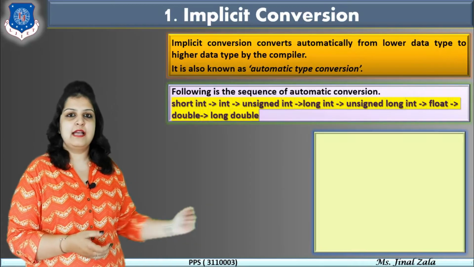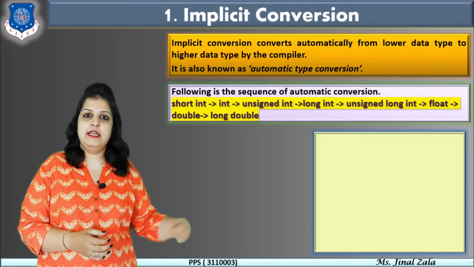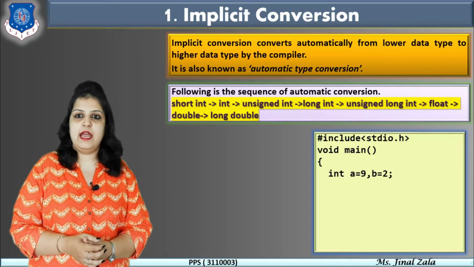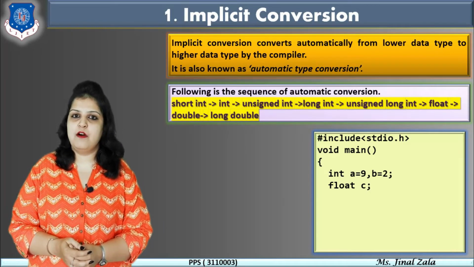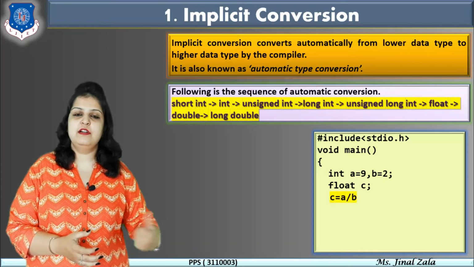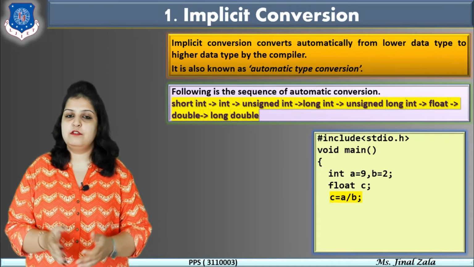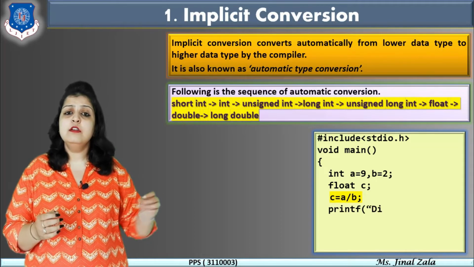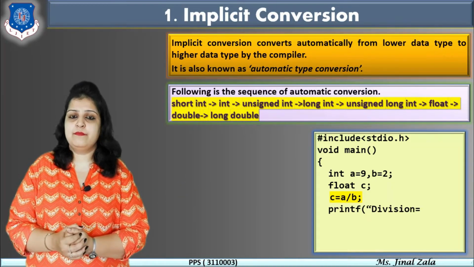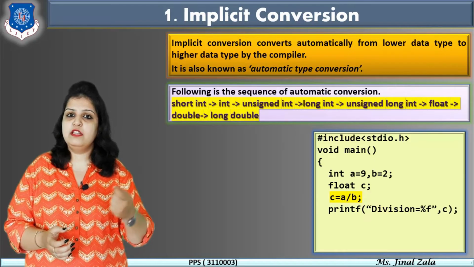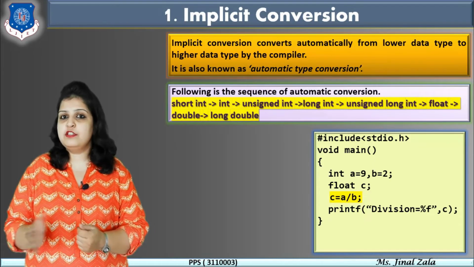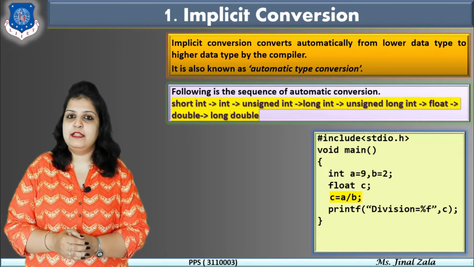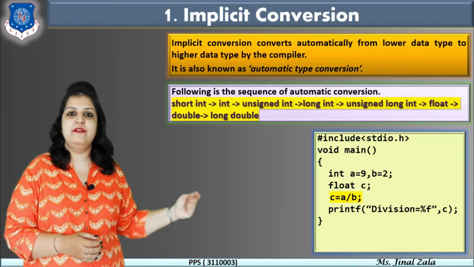Now let's see the example here. A and B are integers and our variable C is a float. So C = A / B. First of all, the division will be evaluated by the compiler. Integer divided by integer, so both data types are the same. So conversion will not be done, and our answer will be in integer form, 9 divided by 2.